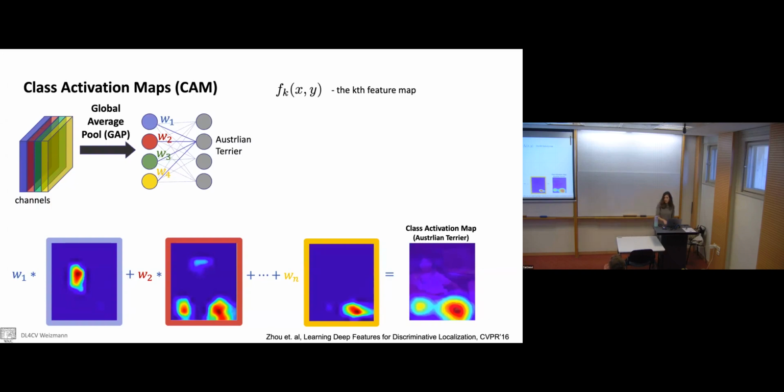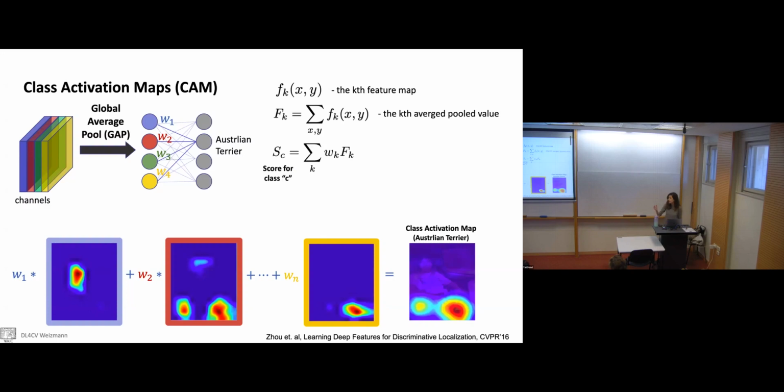Yeah, exactly. It's just the sum over all spatial locations that would give us the value. And then the classification score. What would be this classification score for some class?